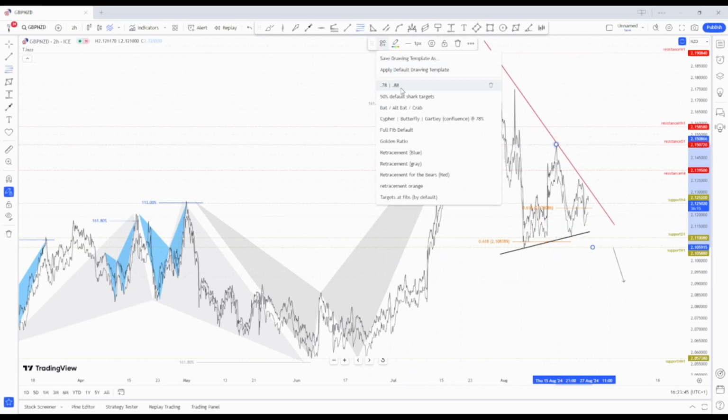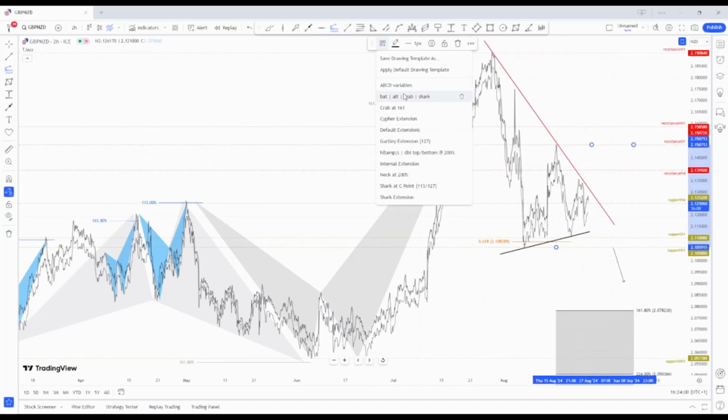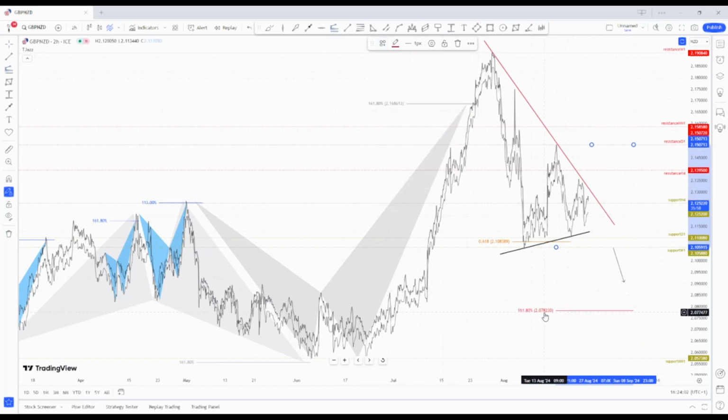Let me also just measure something. We have the 88.6, exactly as I was expecting. So we may consider an extension of the last swing high, or this move to the upside, and I will search for the golden Fibonacci extension 207.82.